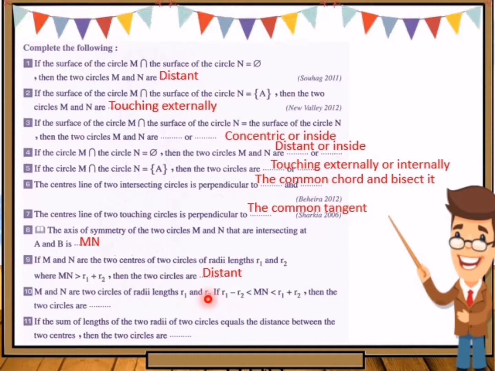If MN is greater than the difference and less than the sum, then the two circles are intersecting. The last one, if the sum of the lengths of two radii of two circles equals the distance between the two centers, then the two circles are touching externally.